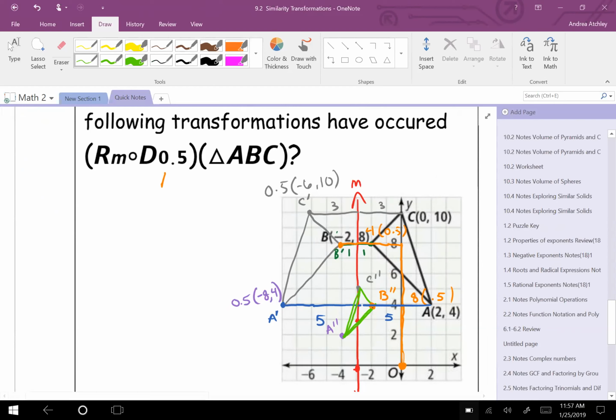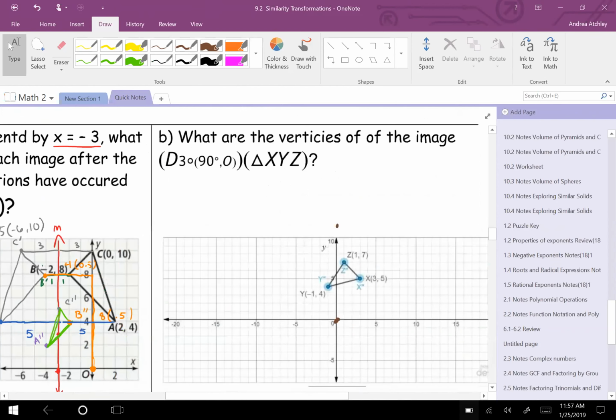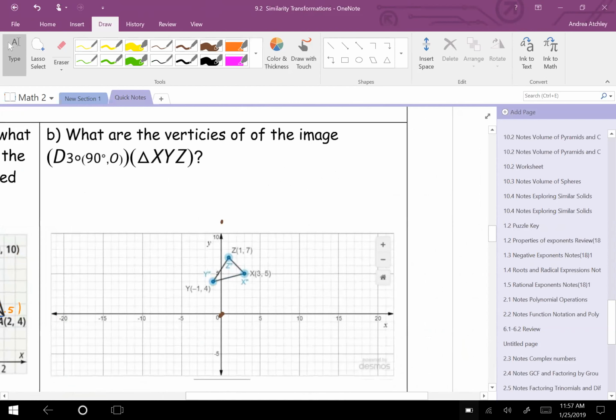We're good? Okay, next one. What are the vertices of the image? Dilation of 3 about the origin, and then a rotation of 90 degrees about the origin.